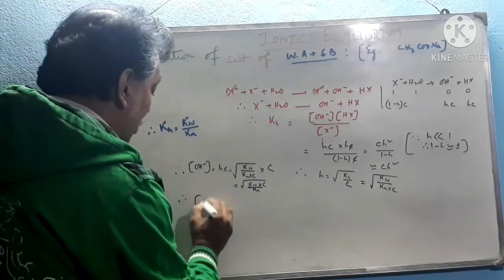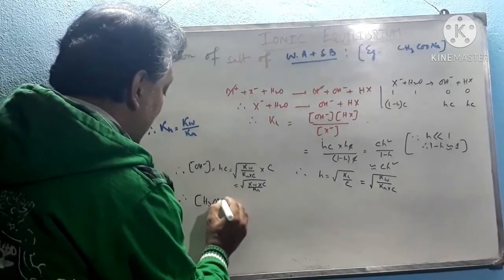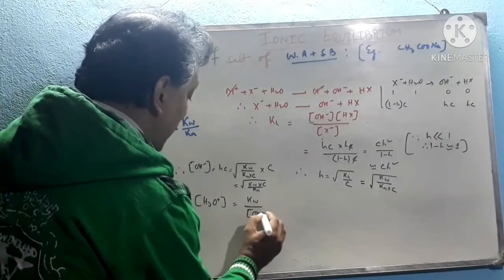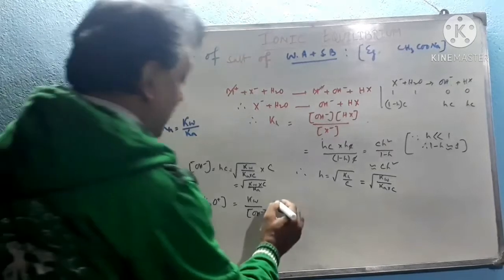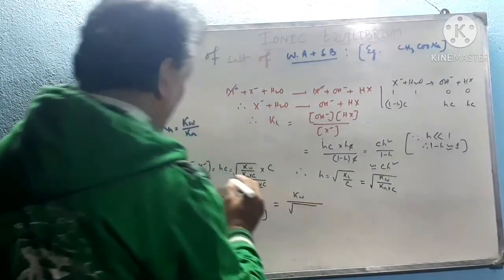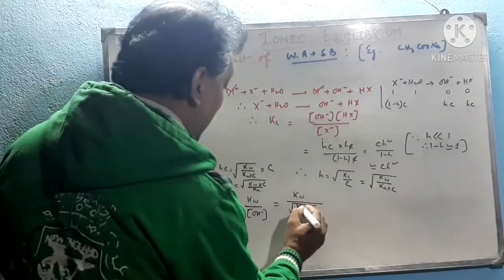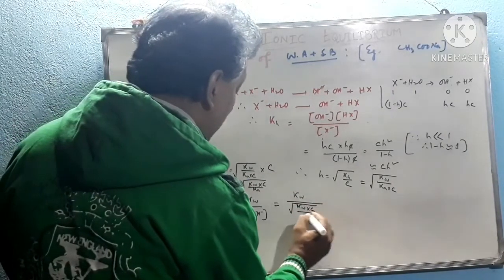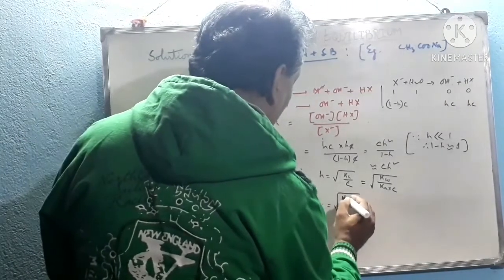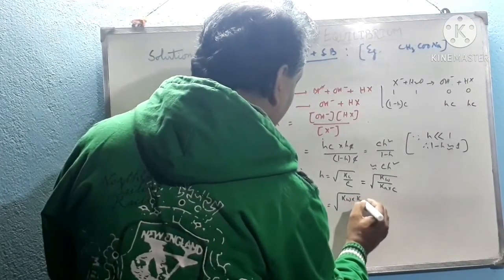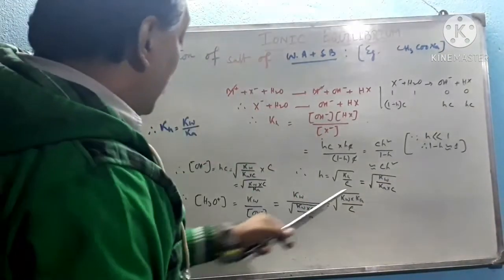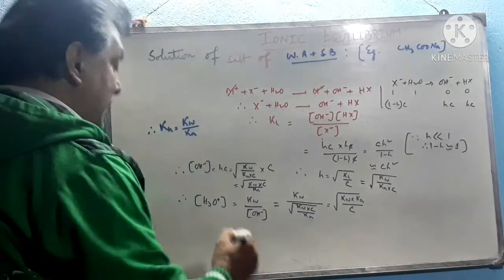Now we know that the concentration of H3O⁺ is nothing but Kw divided by the concentration of OH⁻. Instead of this we can write Kw divided by √(Kw·C/Ka), so it becomes √(Kw·Ka/C).